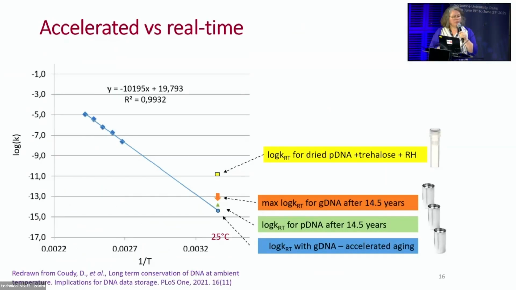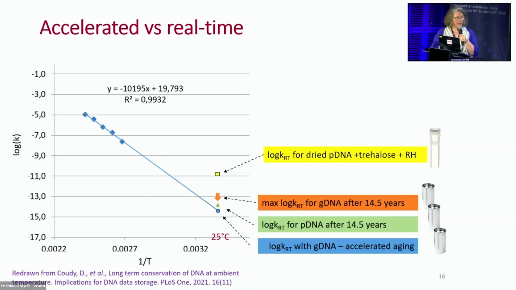So here is the last Arrhenius equation that we published in PLOS recently. It was measured by qPCR with 2 sides of targets, and we extrapolated the degradation rate at room temperature here. And here I put the numbers that we calculated from the long-term stability study at room temperature. In green, you have the rate that we calculated with plasmid DNA.